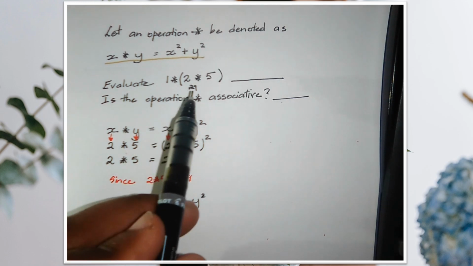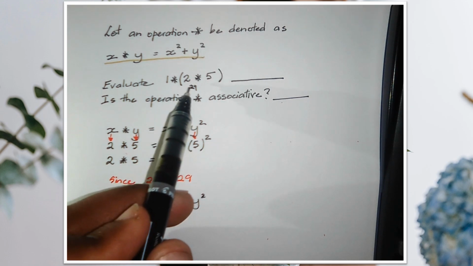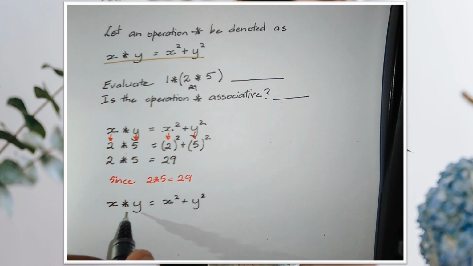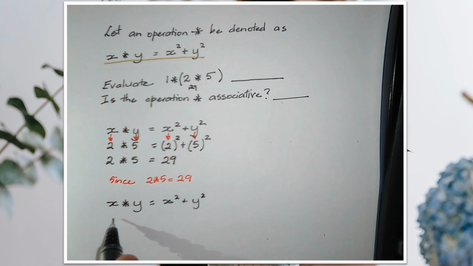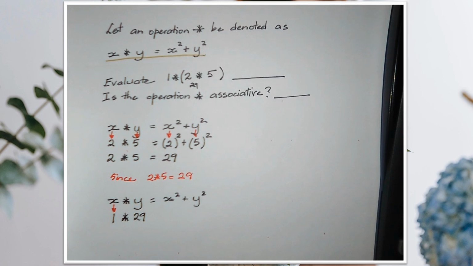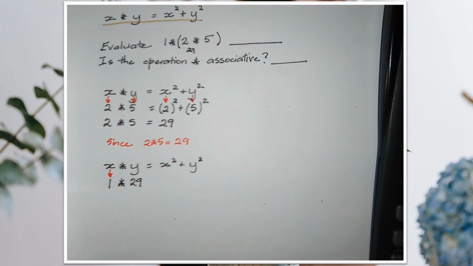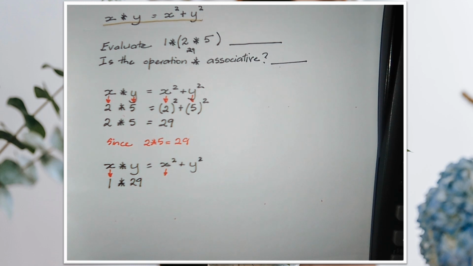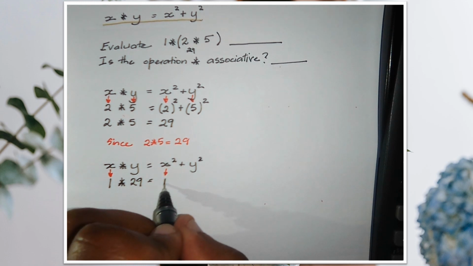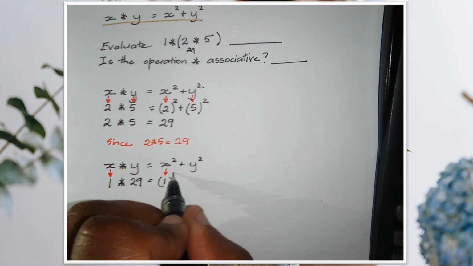And look, the 29 came after the star, so we're going to put the 29 after the star. And the 1 came before the star, so we're going to put the 1 before the star. So straight away, we can identify that the value of x is going to be 1. So wherever we see x, we're going to put 1. x had a square, so we're going to put a square.